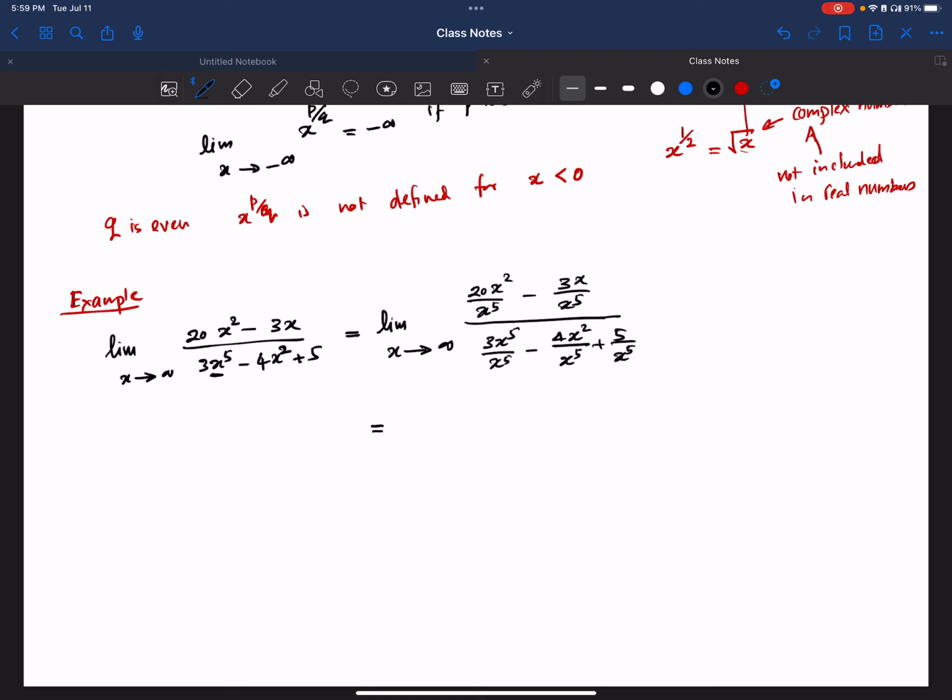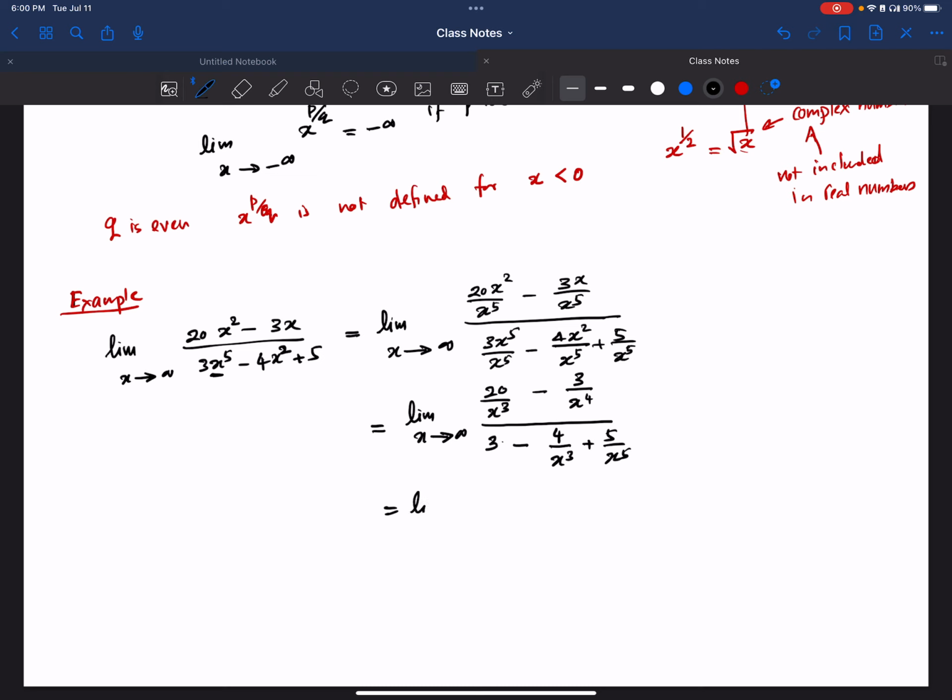So we can simplify it a little bit. The limit as x goes to infinity of 20 divided by x to the power 3 minus 3x divided by x to the power 4, and then we have just 3 because x to the power 5 cancelled, minus 4 over x cubed plus 5 over x to the power 5. Now, by applying basic limit laws, we can apply the quotient law and summation law.